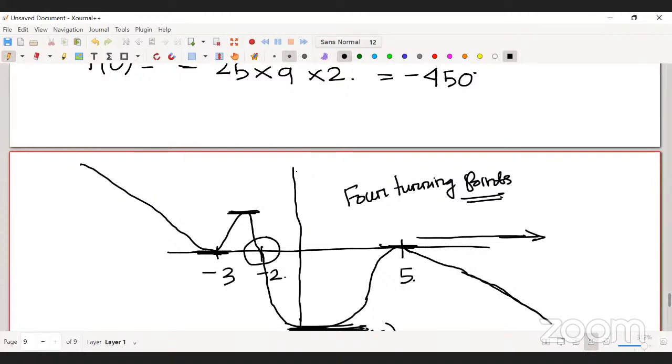When you have even, it will bounce back. It doesn't matter whether it's 3 or 5 or 7. You just need to check whether these numbers are even or odd. If it is even, it will bounce back. If it is odd, it will cross the x-axis.